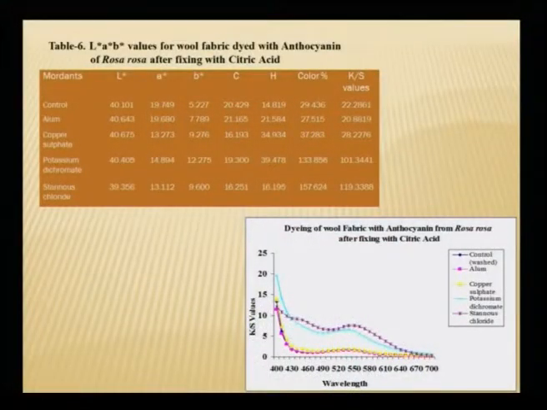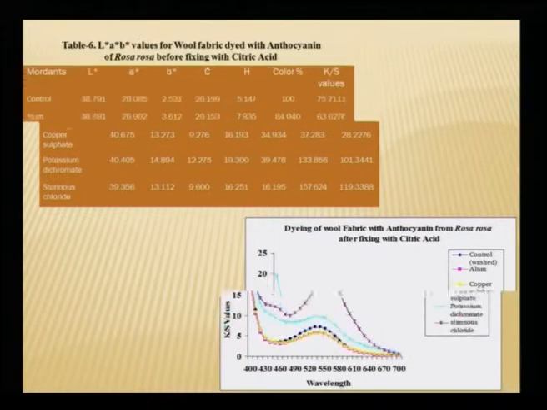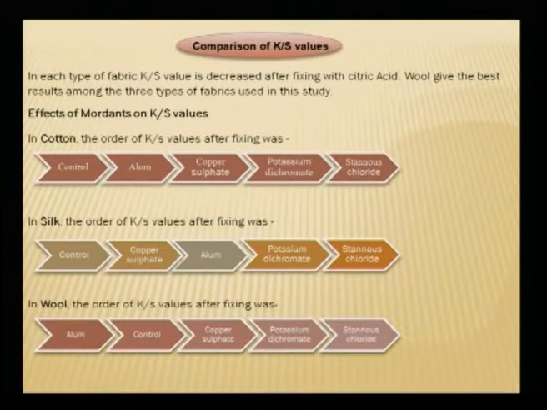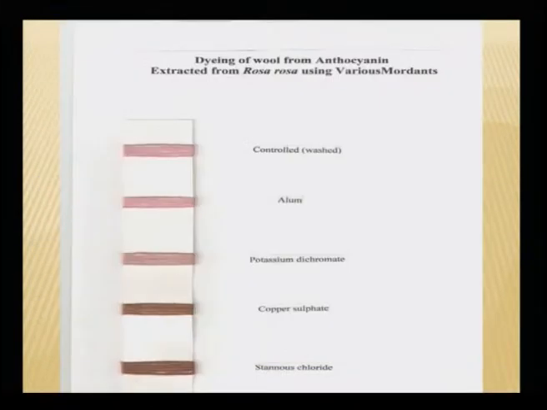Here also the compatibility shows that stannous chloride gives the best result in terms of K by S value, which is the color strength. Now, when it is fixed with citric acid, it was found that it has reduced from 222 to 119, which is almost like going half the way.